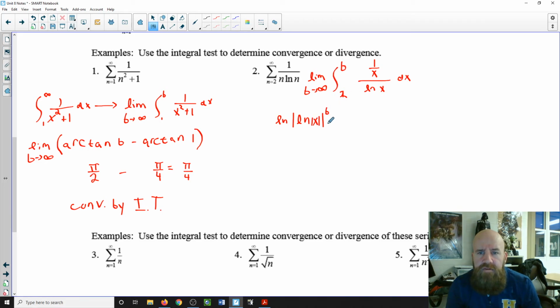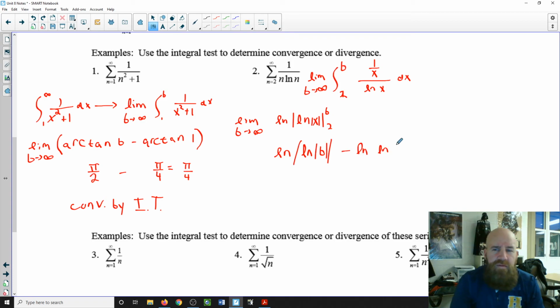Evaluate it from 2 to b. So you can probably see what's going on here. We have that limit still. And if we plug in b and we think about the infinity, minus natural log of, I mean, we really don't have to show all this, because we know, if we look at this first one, the natural log of infinity is just going to be infinity.